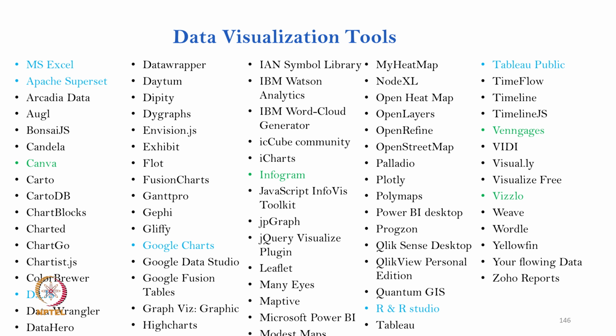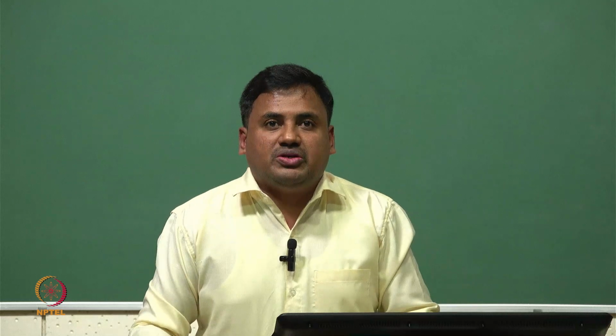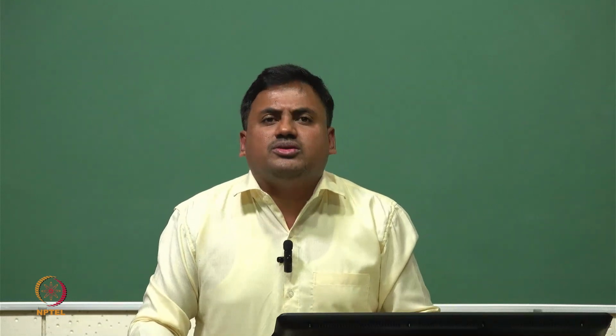There are a large number of commercial data visualization tools, which one can look at if they would like to explore them. Those are available under the commercial platforms. Now we have seen that, as a researcher, there are a number of tools available to visualize scientific research.